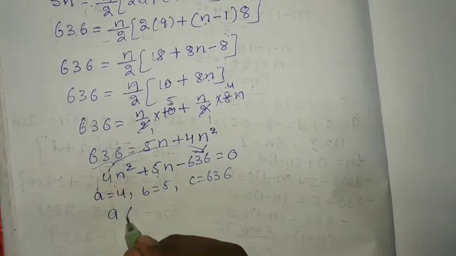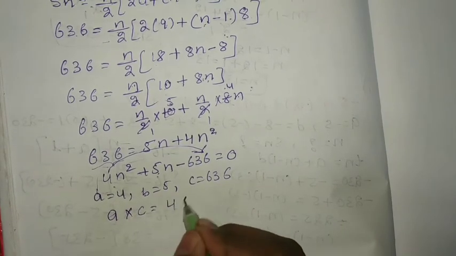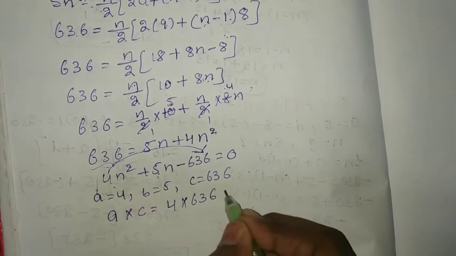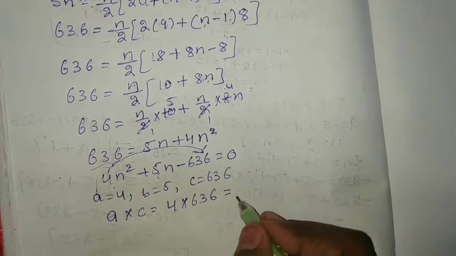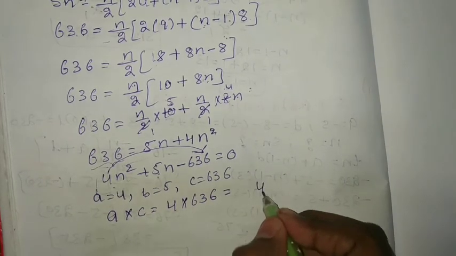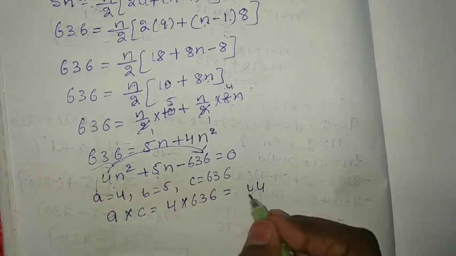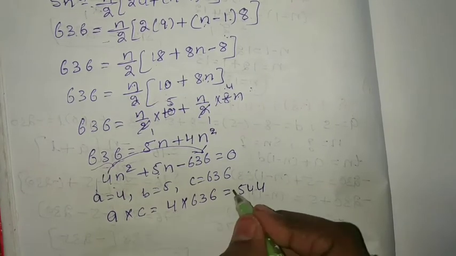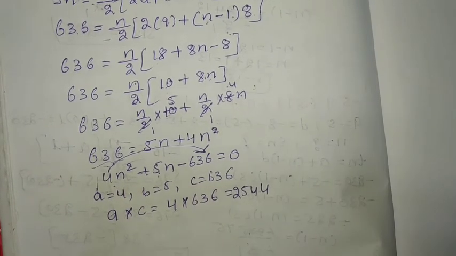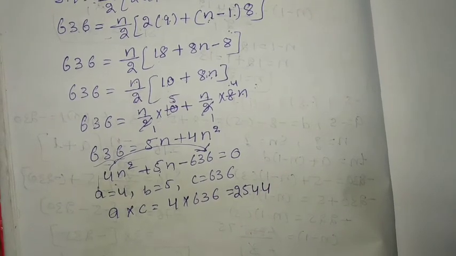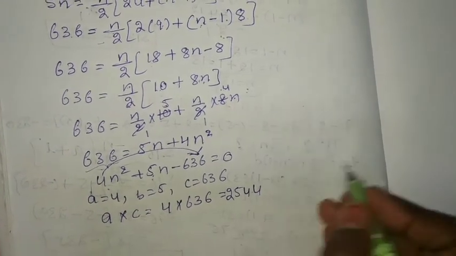Multiply a into c, that is 4 into 636. What will we get here? 2544.